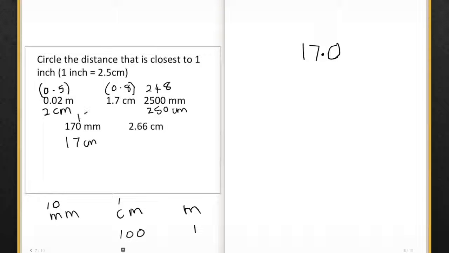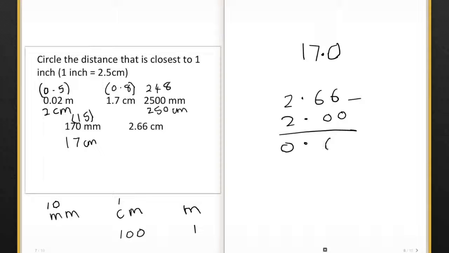It's 15 centimetres away. And the last one, 2.66, already in centimetres. So take away 2, and obviously this is going to be 0.66 away, isn't it? So it's obvious that the closest one was the 0.02 metres. So we can put a ring round that.